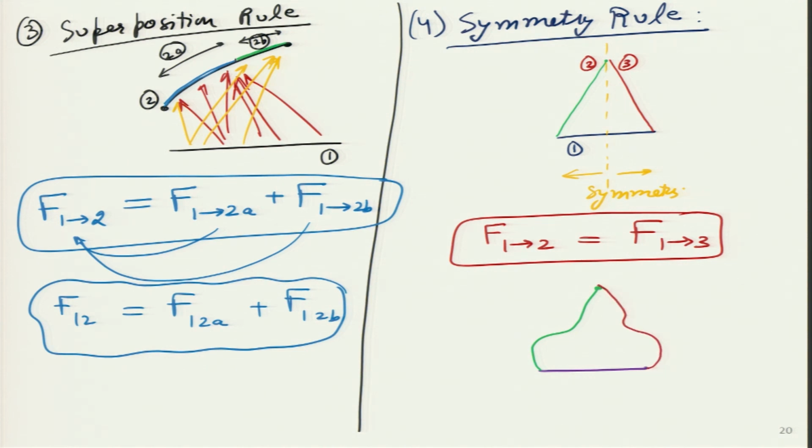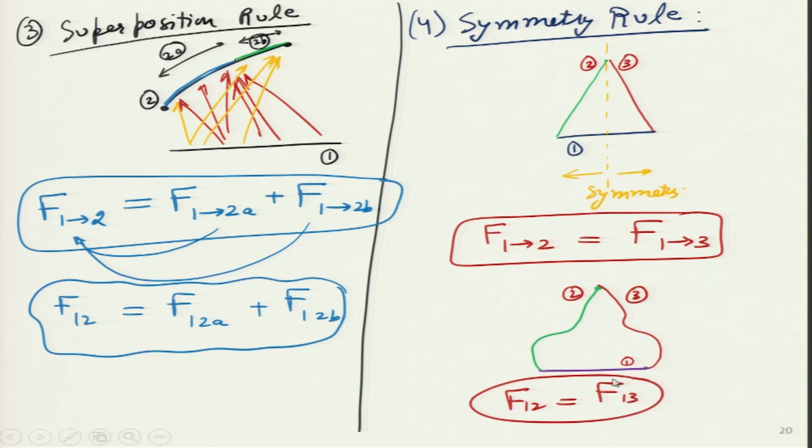Believe me, I tried to draw it symmetrically. So, then for 2 and 3 we can simply write, if this is surface 1, that F12 equals F13, because again there will be some sort of symmetry along the orange axis over here. Is this point clear?